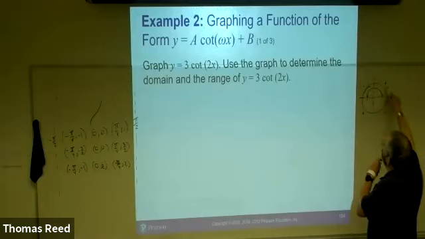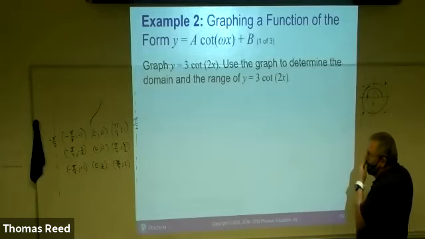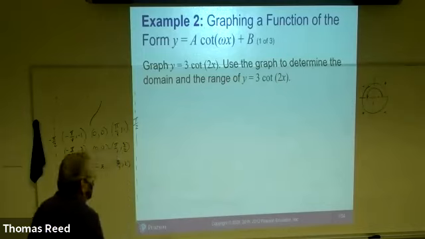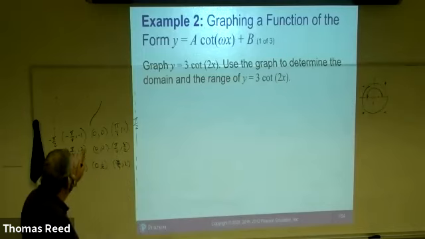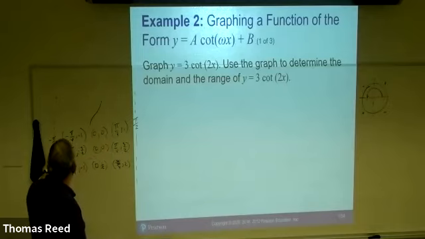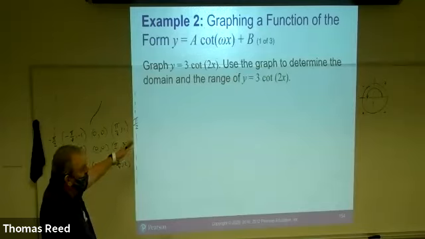And cotangent is positive and negative in the same quadrants, and so that's just going to end up repeating like tangent did. But instead of going from negative pi over 2 to pi over 2, it's going to go from 0 to pi.